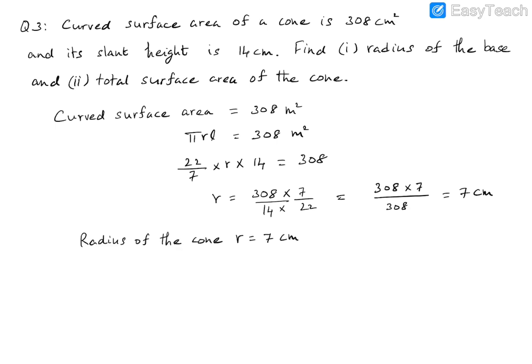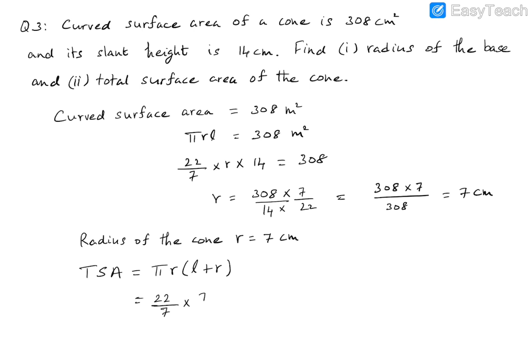Now once we have calculated the value of the radius, we have all the information we need to solve the second part of the question, which is to find the total surface area. I'm going to write the total surface area as TSA: T for total, S for surface, A for area. So the total surface area is pi r into (L plus r). We already know all the values of the variables. Pi is 22/7, that's a constant.